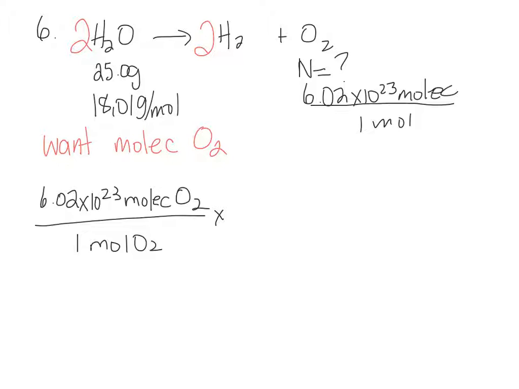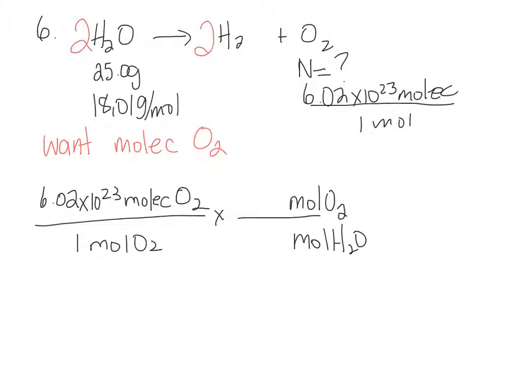A ratio. We need a mole ratio. So which substance goes on top? Oxygen, because it's on the bottom of the previous ratio. We want to get rid of it. So we've got moles of O2 and we've got moles of water.